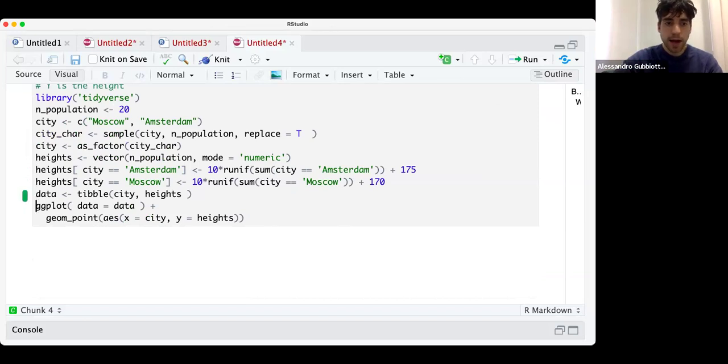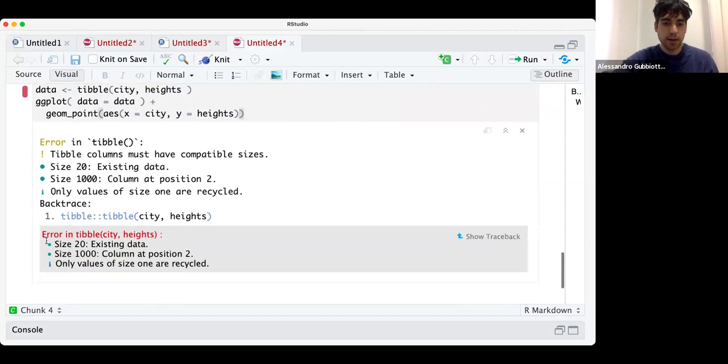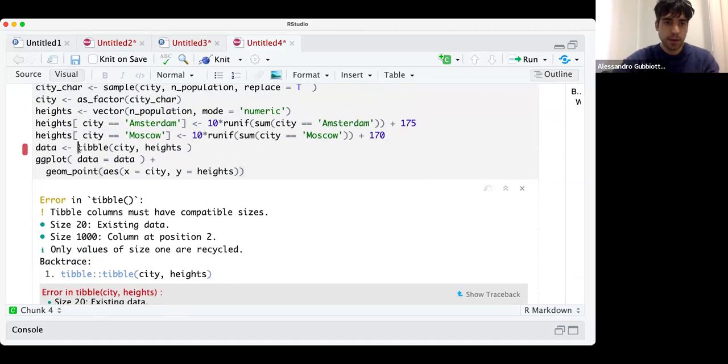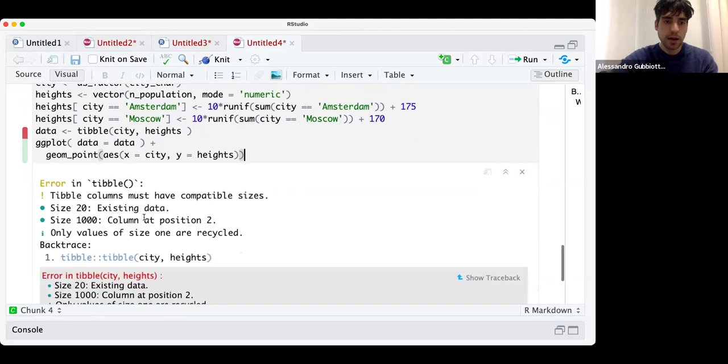Now, we are asked to, it's like an event, in which people from Moscow and from Amsterdam are both participating, let's say.